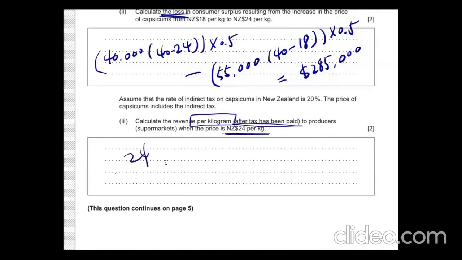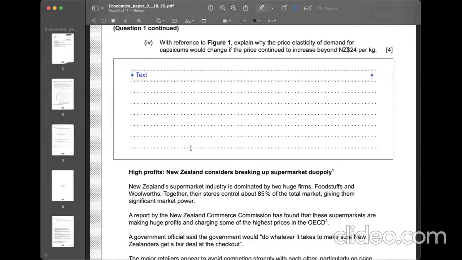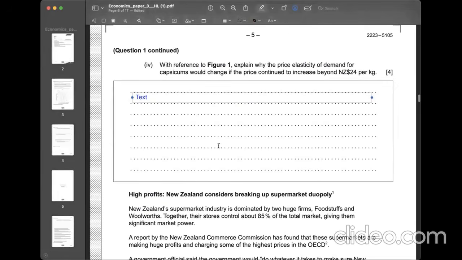If you want to know the net revenue that the producers are able to take after tax has been paid, I can divide by 1.2, since the indirect tax is 20%. Then I get the net revenue for the producers, which is $20.